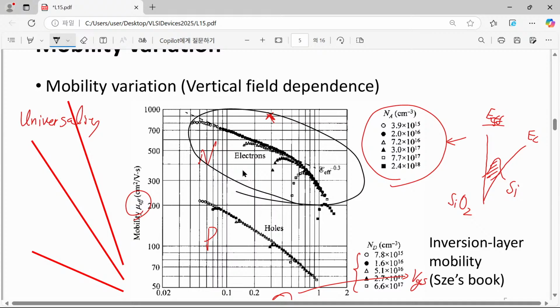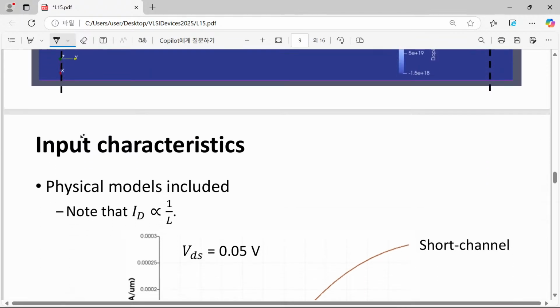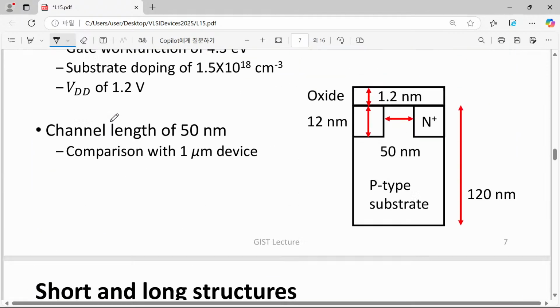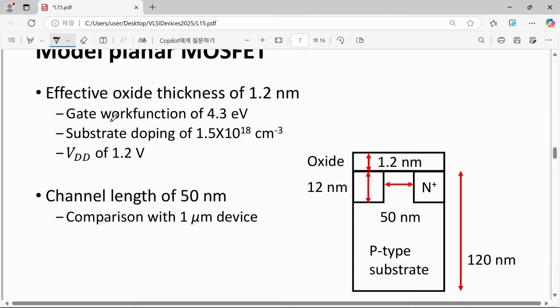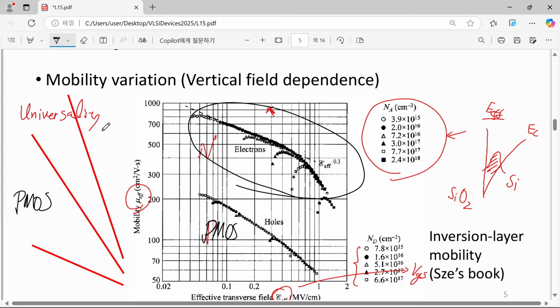An additional topic is the P-MOSFET. In the case of a P-MOSFET, if we define our effective field just like for the N-MOSFET, actually there is no universality. People love universality.